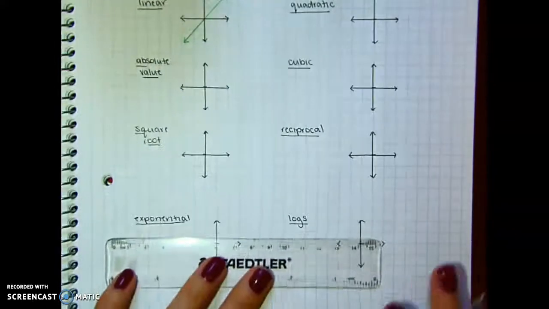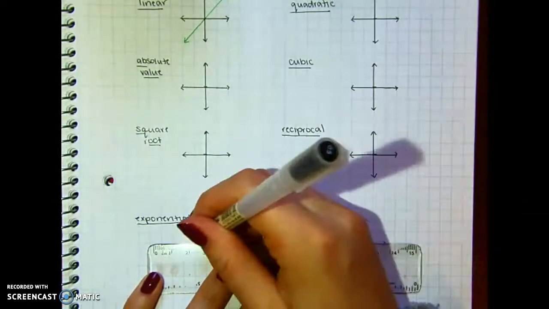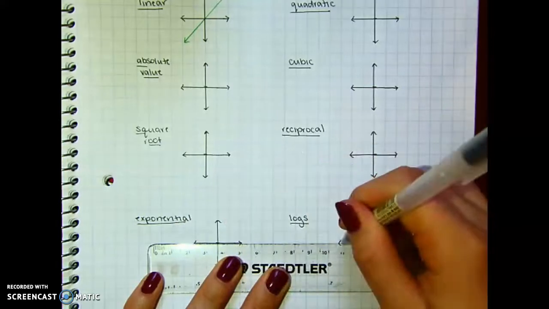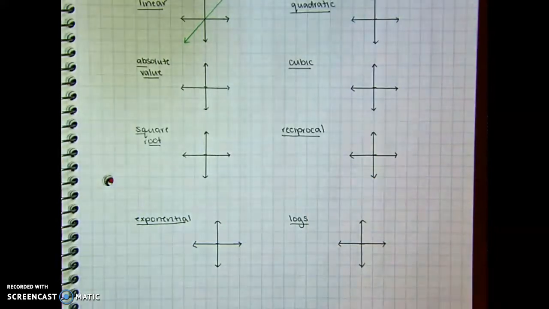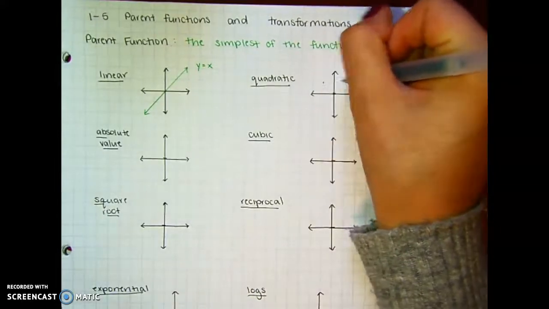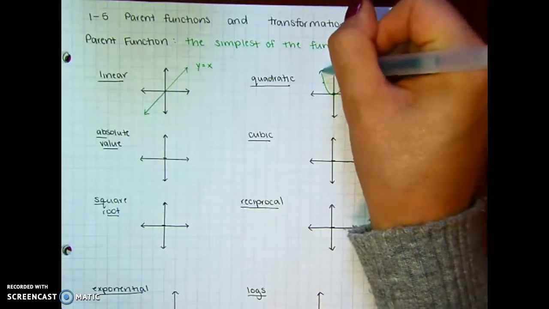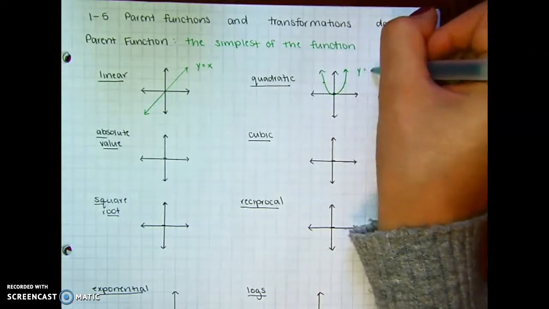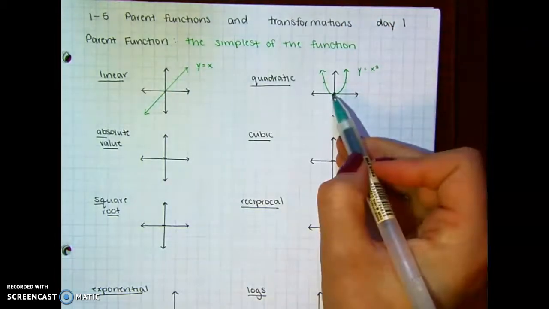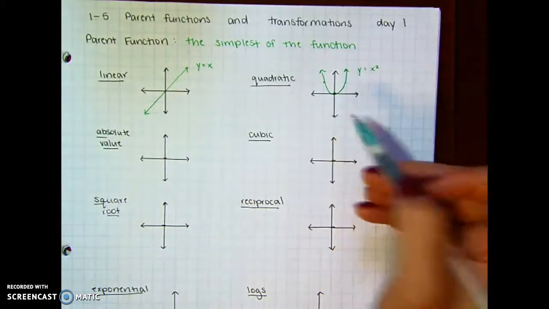Hopefully if you forget, you have your notes from last year. Okay, so quadratic, the parent, I guess it doesn't need to be perfect because it's just a sketch, is y equals x squared. Thing to remember, this is symmetric about the y-axis.